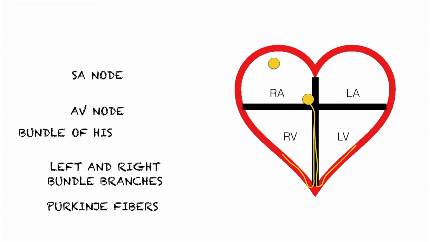So another concept that we need to review will be the inherent heart rates. When you say inherent heart rates, these are the heart rates that we generate depending on which cardiac cell sends an impulse. So if the impulse starts from the SA node and goes all the way to the Purkinje fibers, this will generate a heart rate of 60 to 100 beats per minute.